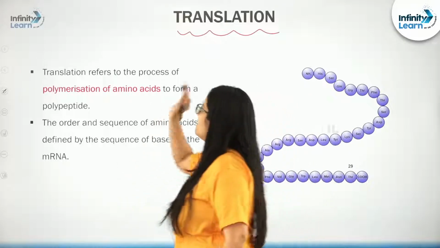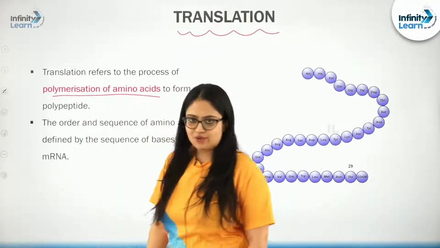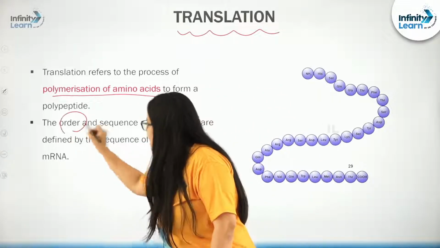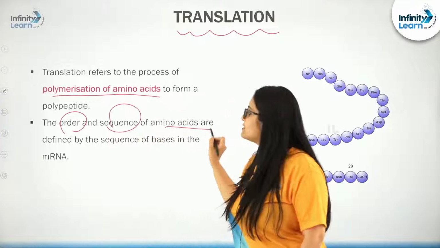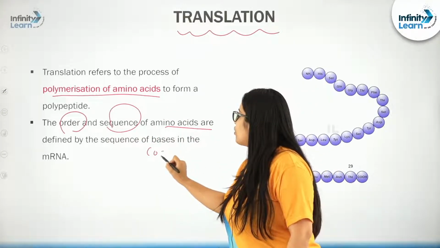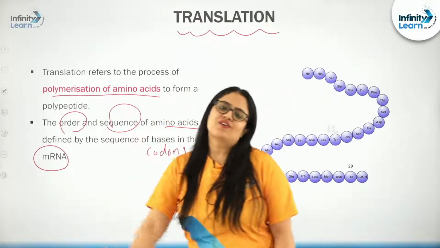So please remember, what is translation? Polymerization of amino acids, and secondly, the order and sequence of amino acids is defined by the sequence of bases or codons present on mRNA.